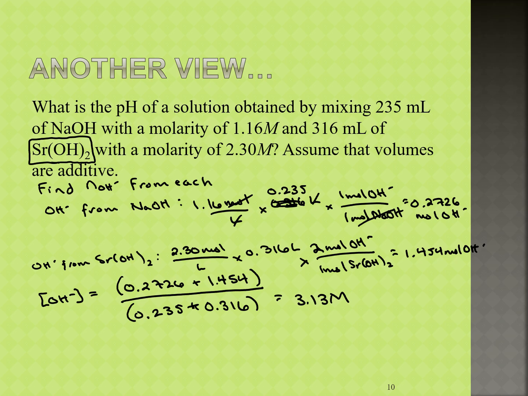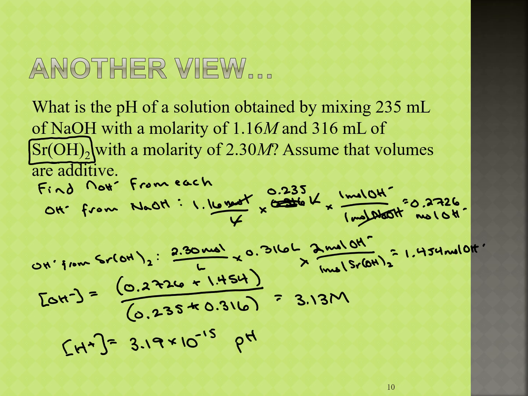And now, in this case, I'm going to find the H plus concentration from that. The H plus concentration is going to be 3.19 times 10 to the minus 15th.